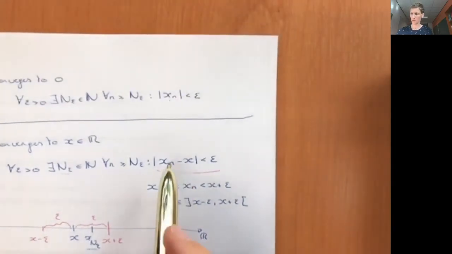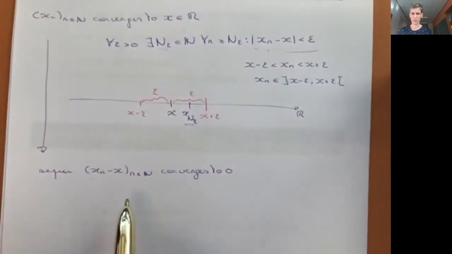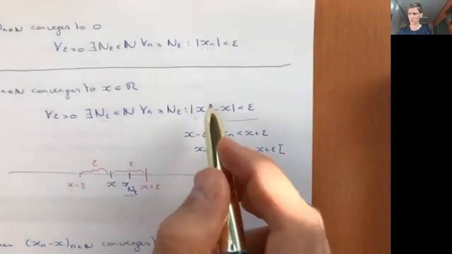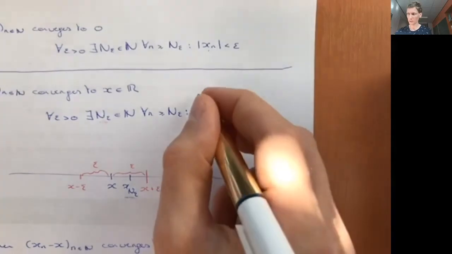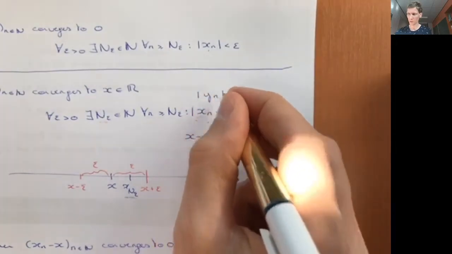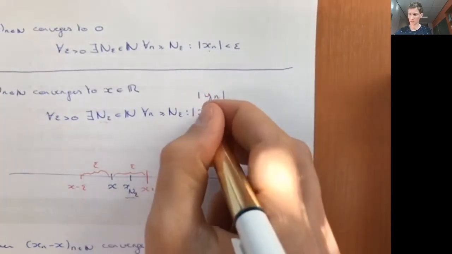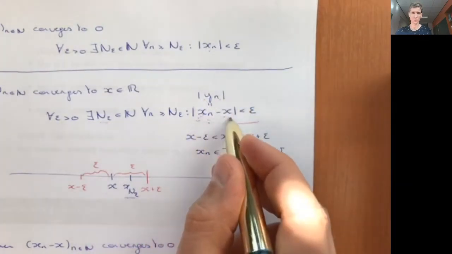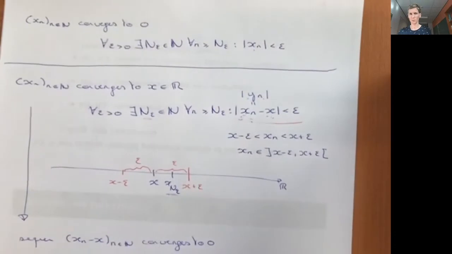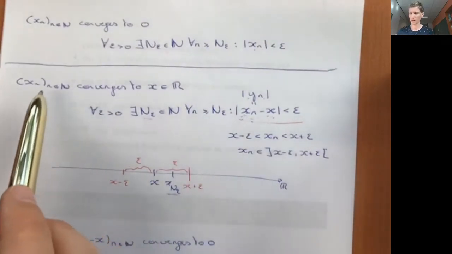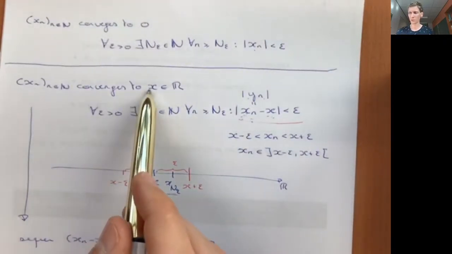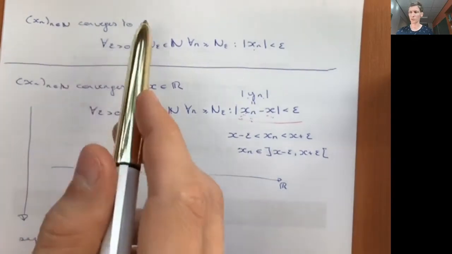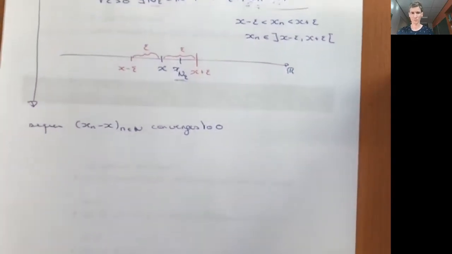Because if you look at the sequence where the nth element is xn minus x, we can say, let's say yn is equal to xn minus x, then this sequence yn will converge to 0 if the sequence xn converges to x. Okay, so in principle you can define convergence towards a number as convergence towards 0 of another sequence.